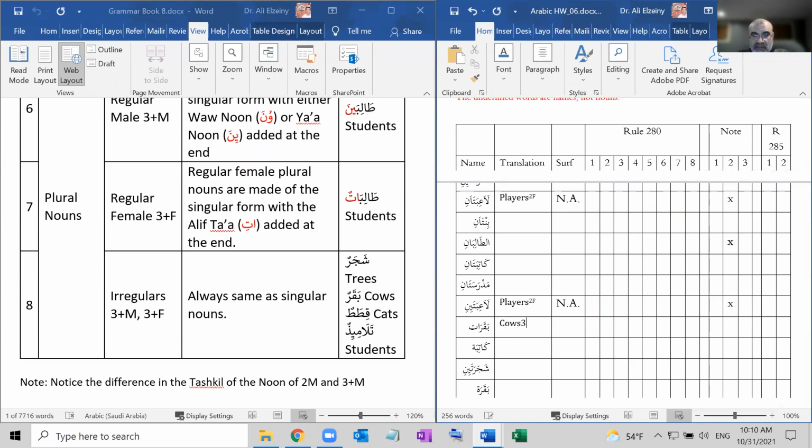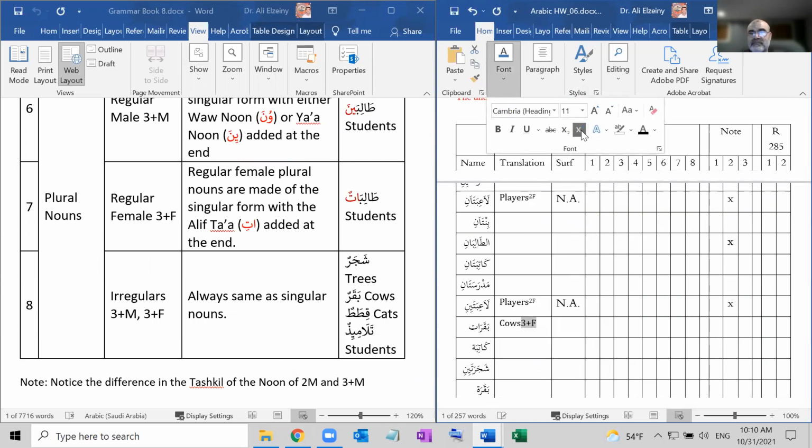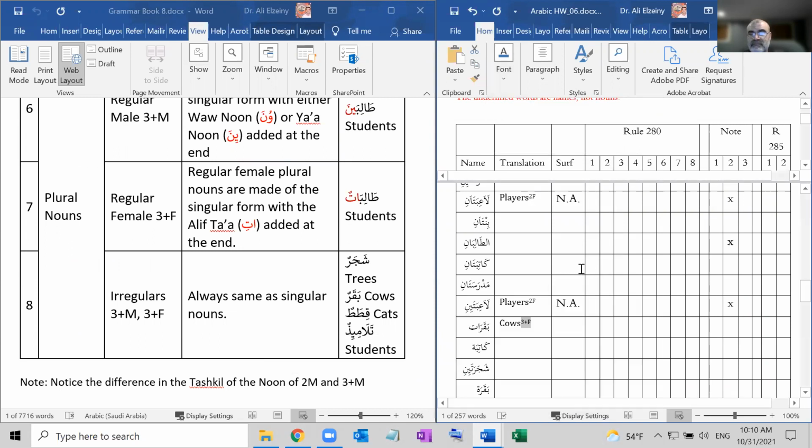Its count is 3 and above, F. Three plus F. Okay.